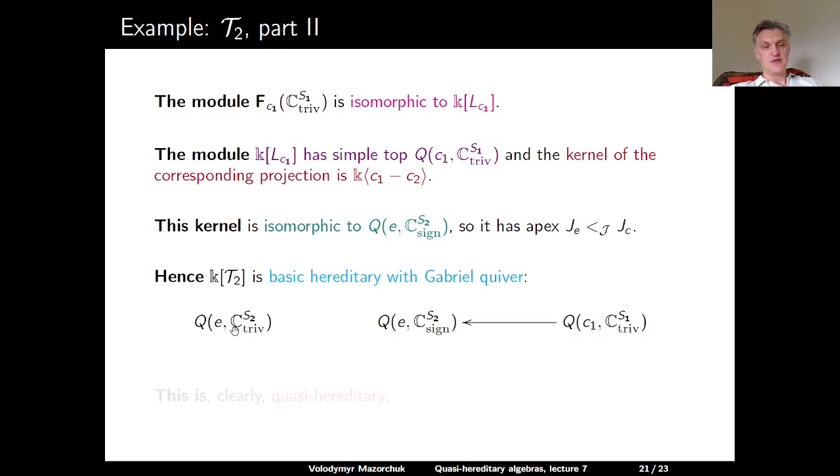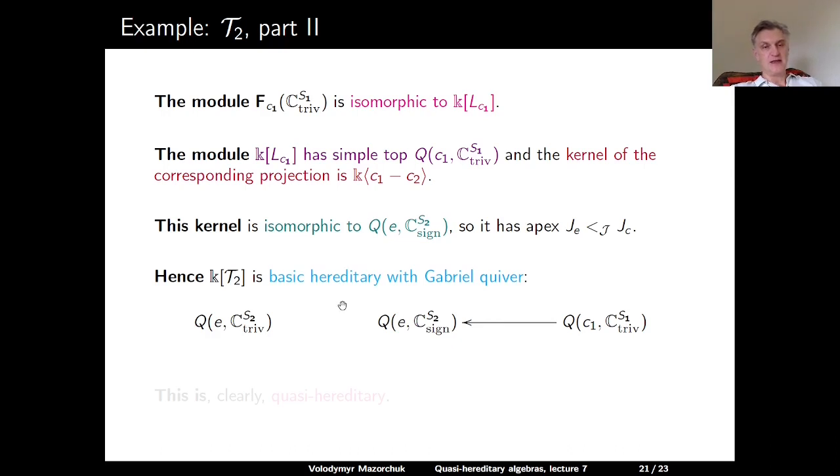We have the vertex which corresponds to the identity and the trivial module, the vertex which corresponds to the identity and the sign module, and the vertex which corresponds to c_1 and the trivial module over S_1. And the corresponding projective module, which is this cell module, has this module as a top, and then the simple for the identity and the sign module as the socle. So this is the Gabriel quiver of our algebra.